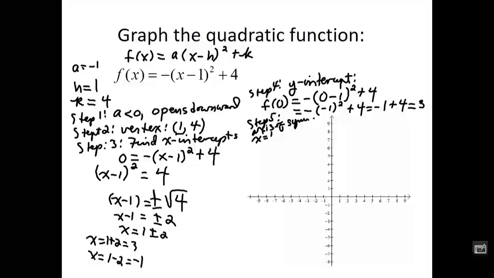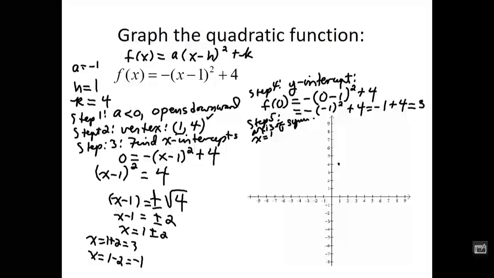All right, so let's see. We know that the vertex is (1, 4). Over 1, up 4. So here's my vertex.